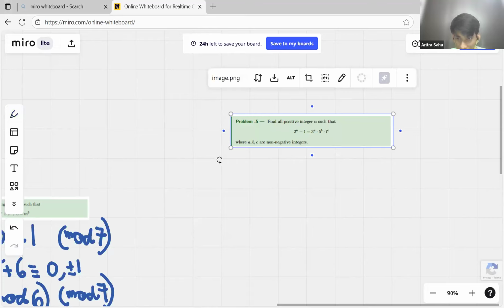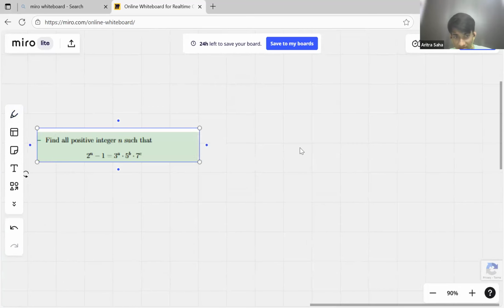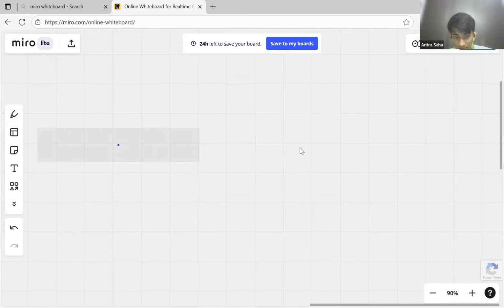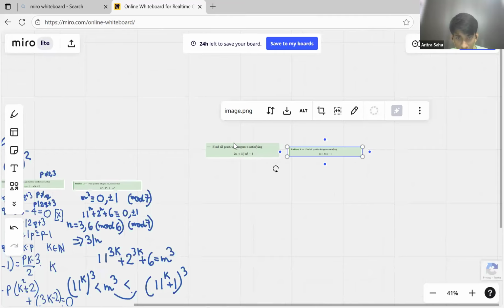I'll paste another problem. This is more becoming like an NT problem set.